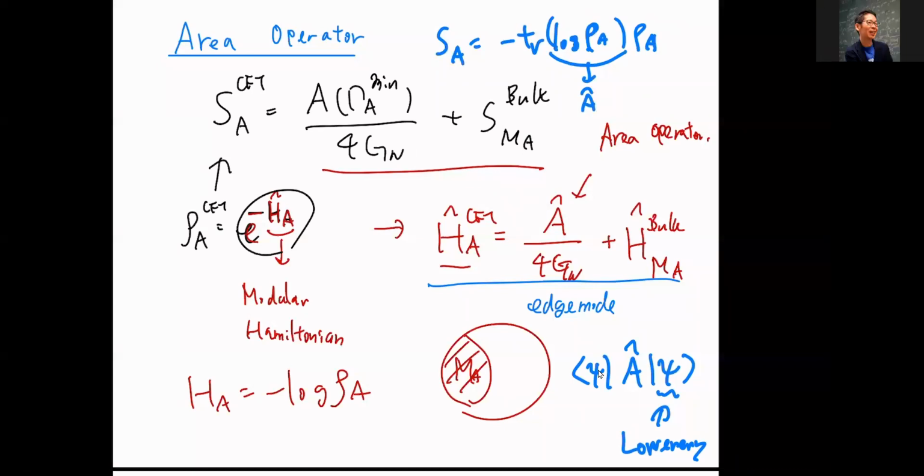So A hat will be modified; it should be modified in high energy states. In high energy, I think we cannot say that A hat exists. We fix, for example, pure AdS and small excitation. We only talk about small excitation, and in that case, we can use this description.